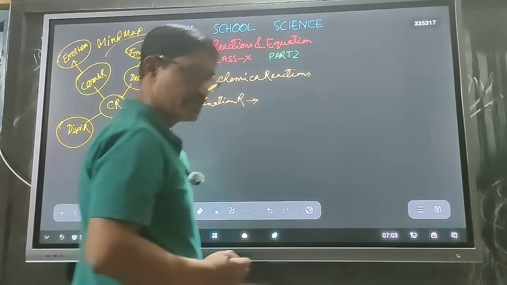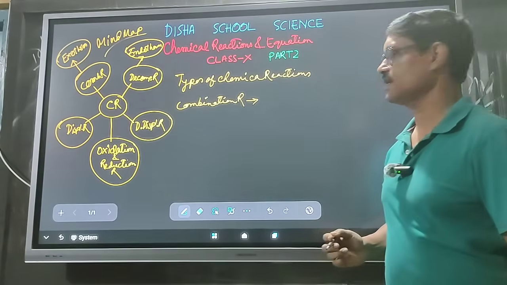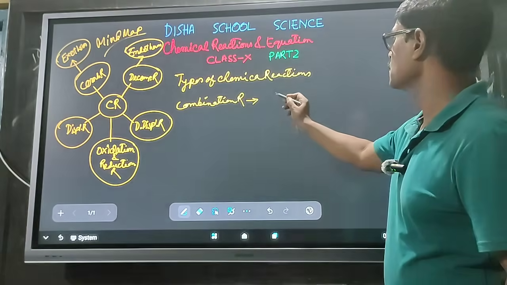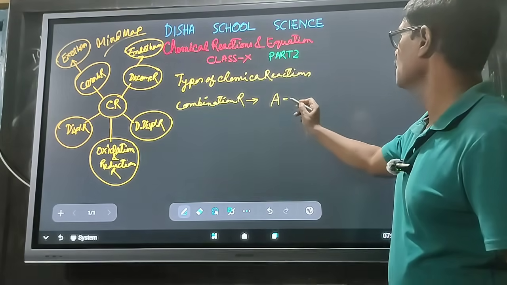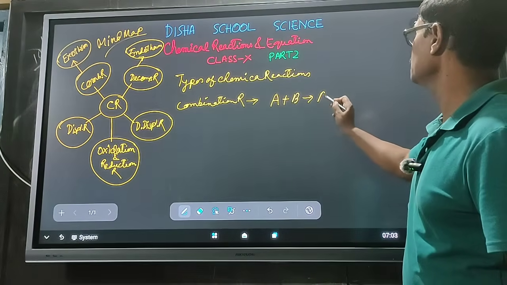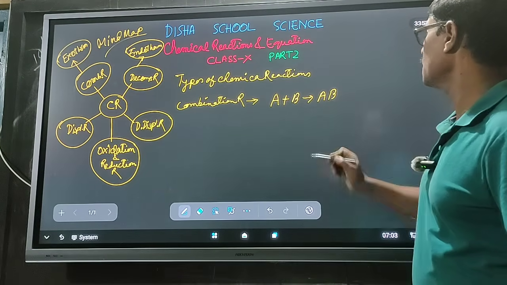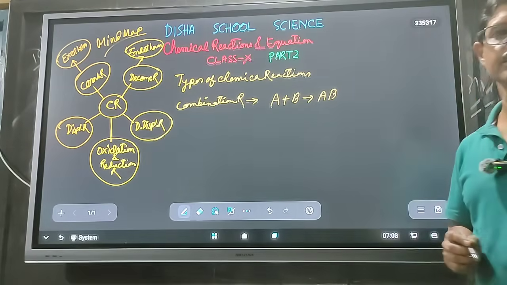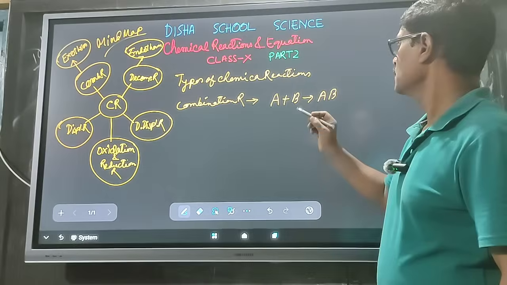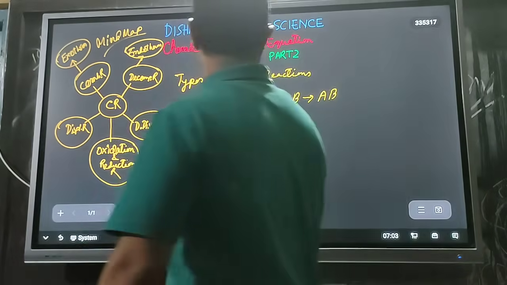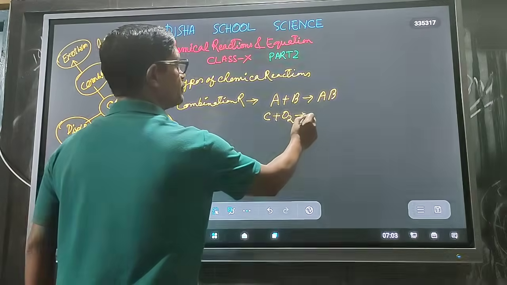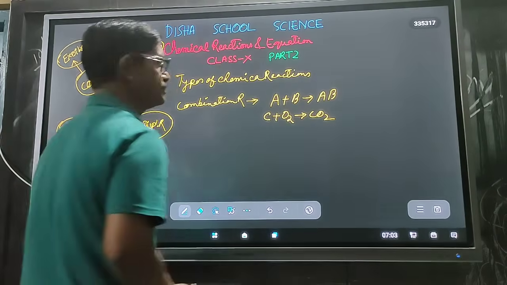Combination reaction. The name itself gives some idea what type of reaction it is. That means two or more reactants join together to form a single product, and this is called combination reaction. For example, carbon plus oxygen forms carbon dioxide.